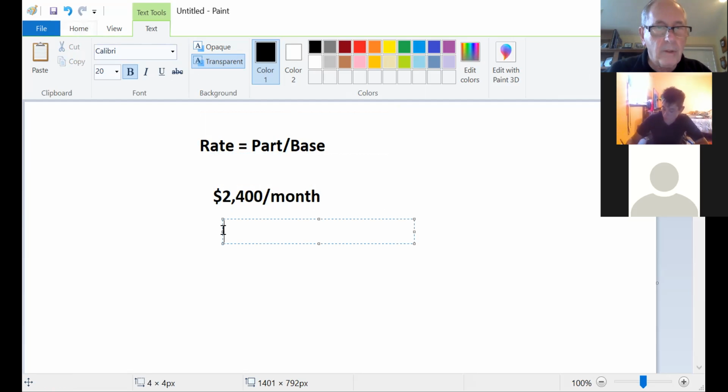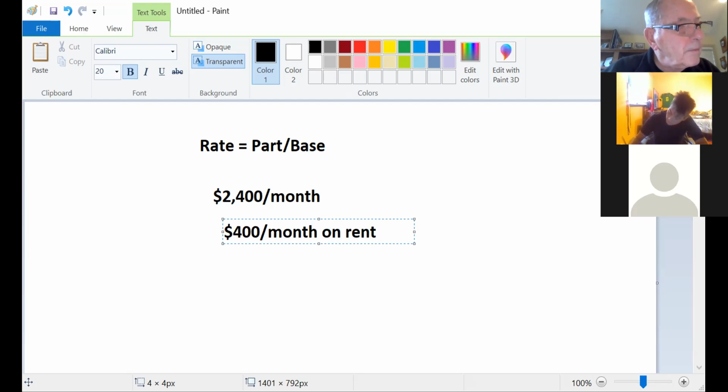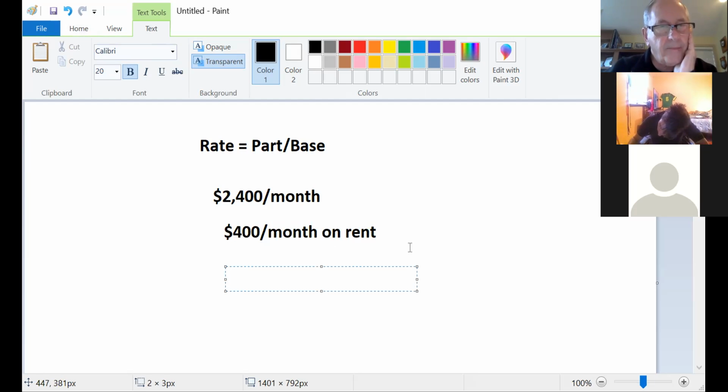That's pretty cheap. Okay, what would be the rate? This is not a very good problem. If I wanted to figure out the percentage that he spends on rent, how would I use this formula to do that?